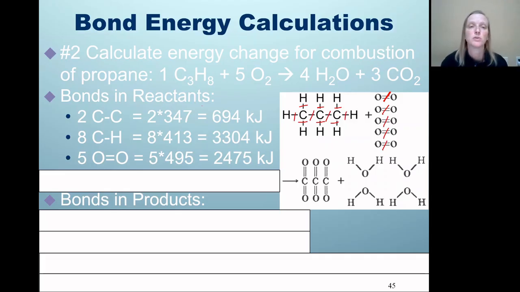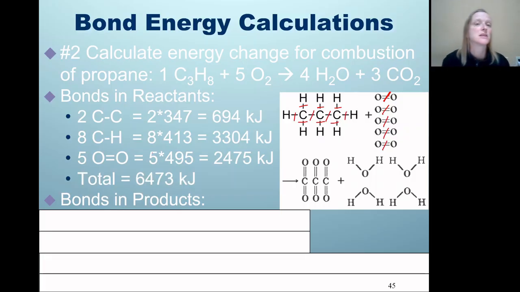So I multiply that out and I get an answer of 2,475. And when I add those 3 values together, my total for the reactants is 6,473 kilojoules.